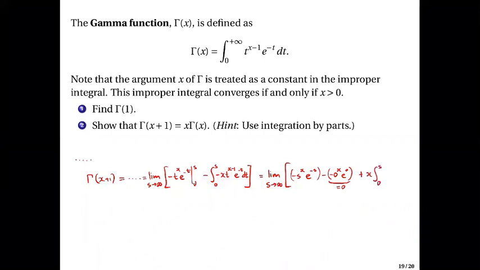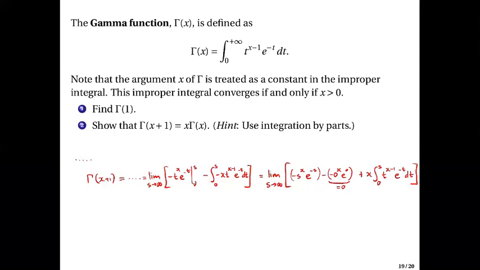What remains inside there is just t raised to x minus 1 e to the minus t dt. And now, the difficult part here is this guy, as s approaches plus infinity.